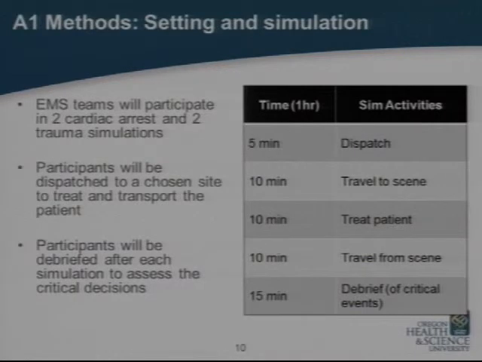Dr. Gee's team plans to observe about 40 EMS teams, which consist of 2 paramedics and about 3 to 4 firemen volunteer across Multnomah County and across Oregon. These teams will participate in 4 simulations. 2 of these cases are related to trauma, and 2 of these cases are related to cardiac arrest.